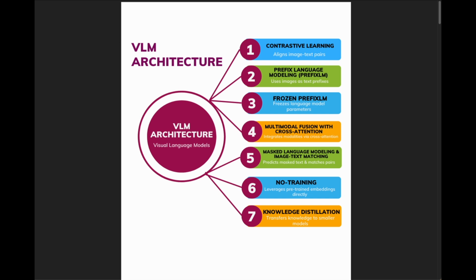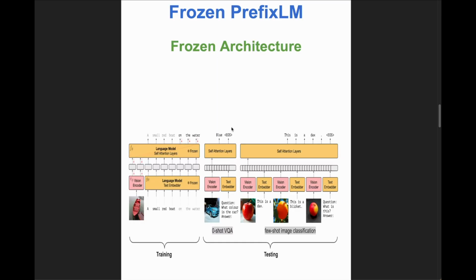Moving on to our next architecture, which is frozen prefix language modeling. While PrefixLM techniques require training visual and textual encoders from scratch, frozen PrefixLM allows you to use pre-trained networks and only updates the parameters of the image encoders. For instance, the architecture you see here shows how Frozen works using a pre-trained language model and visual encoders.